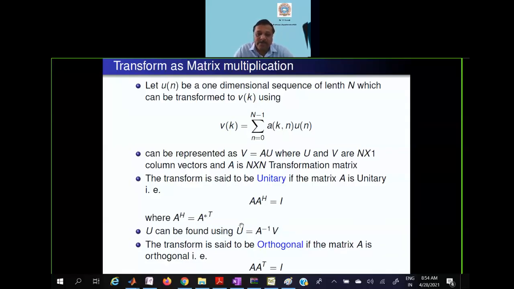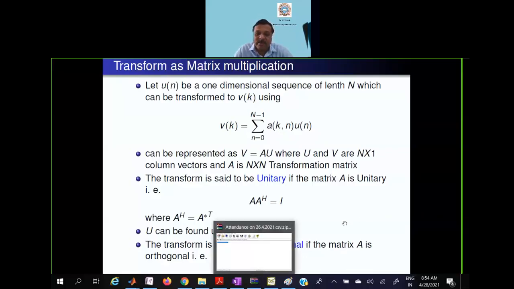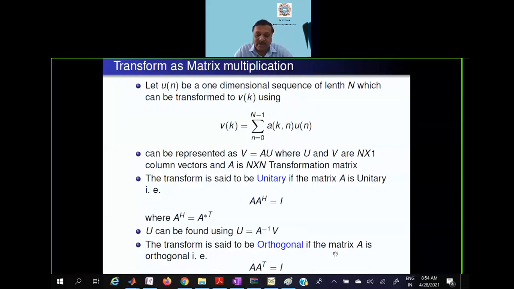Instead of complex basis functions, if I use real basis functions, then the transformation matrix can satisfy a property called orthogonality, where A is an orthogonal matrix, and we say a matrix is orthogonal if A into A transpose is identity.